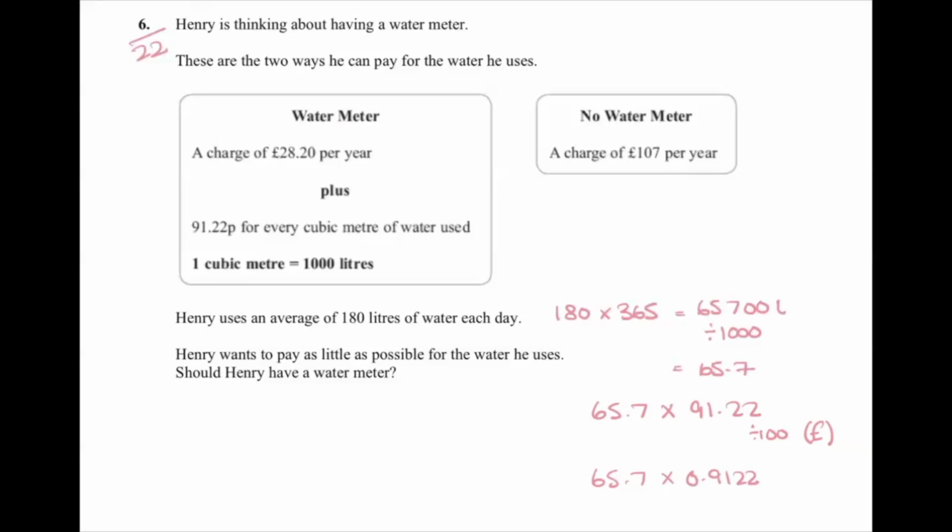Now that gives me 59.93. I've also got to remember to add on my charge. If I miss that, even though I can already see it's going to stay under that 107, I've still got to show it. So that's my total cost for getting it via the water meter.